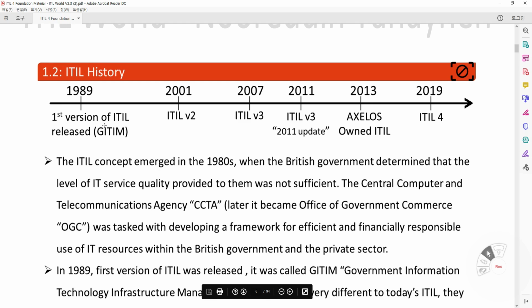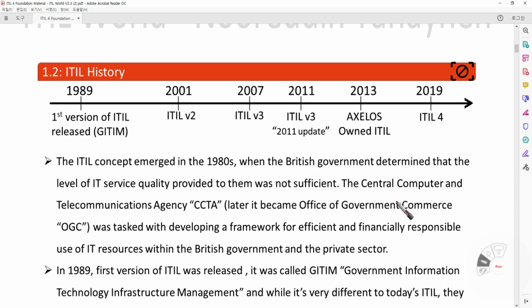1989, first version of ITIL released; 2001, ITIL v2; 2007, ITIL v3; 2011, ITIL v3 updated; ITIL 4 owned by Axelos. The ITIL concept emerged in the 1980s when the British government determined that the level of service quality provided to them was not sufficient.